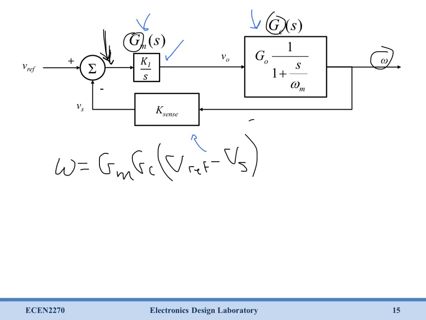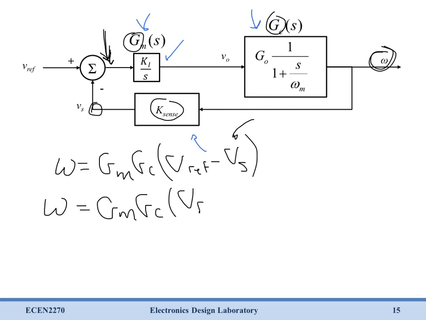Now we don't really want Vs in here because we don't care about Vs. So let's find Vs in terms of something we care about. And that's pretty easy to do. We'll see Vs, as we remember, is just K-sense times omega. So we can substitute that in. And now we have omega equals GM GC times (Vref minus K-sense times omega).